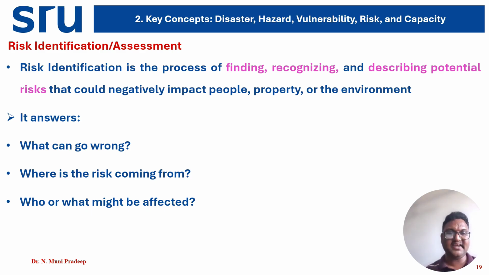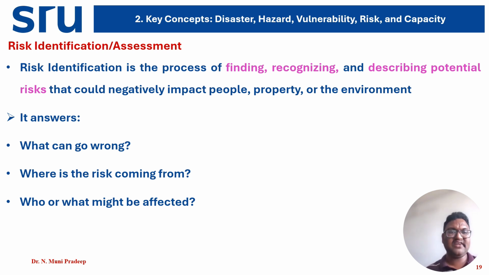And the second question: where is the risk coming from? This involves tracing the source of the hazard, whether it is geological, meteorological, industrial or biological. The third question: who or what might be affected? This involves mapping the population and the infrastructure in that hazard zone.